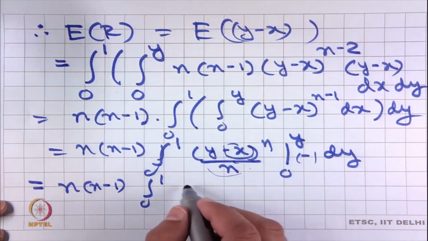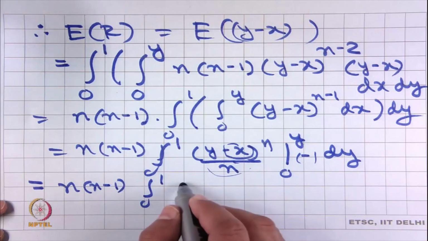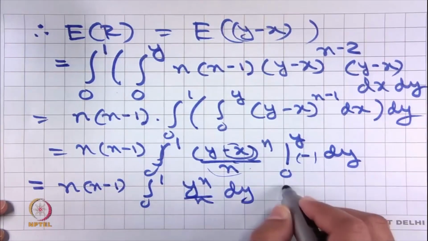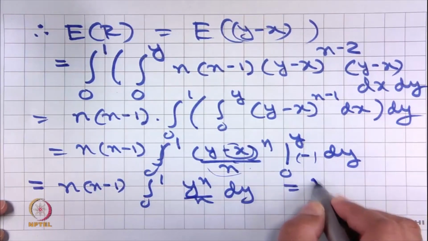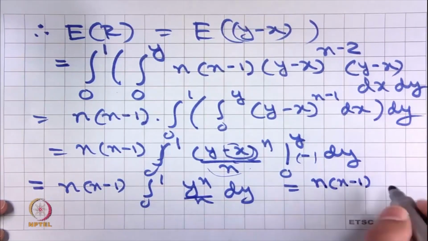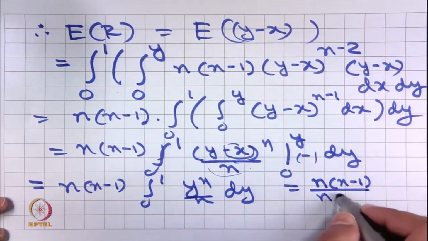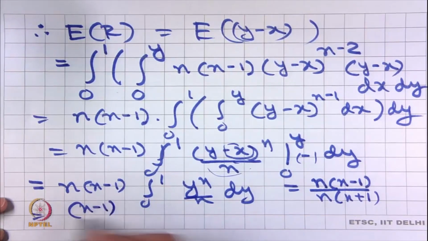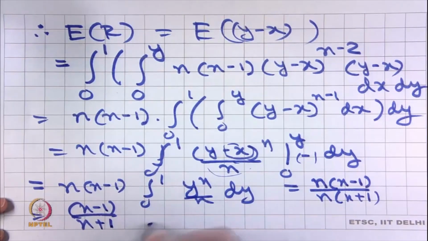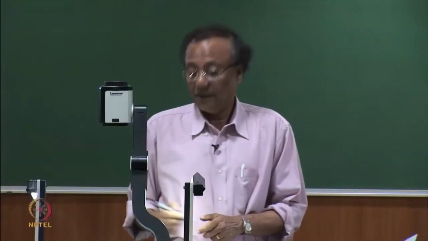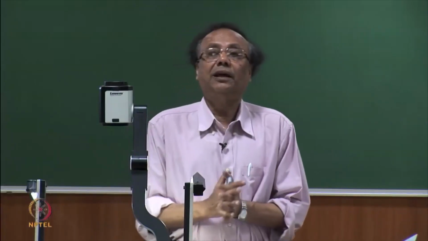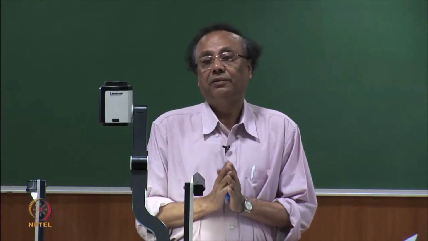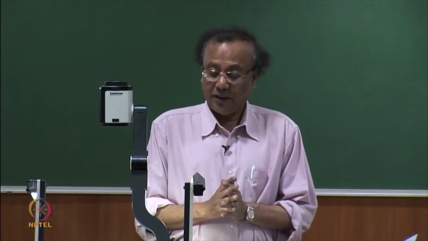So, what will be remaining is y to the power n upon n dy, which is n into (n minus 1) upon n into (n plus 1), equal to (n minus 1) upon (n plus 1). So, that is the answer that we got when we used the linearity of expectation, and simply calculated expectation of Xn minus expectation of X1.